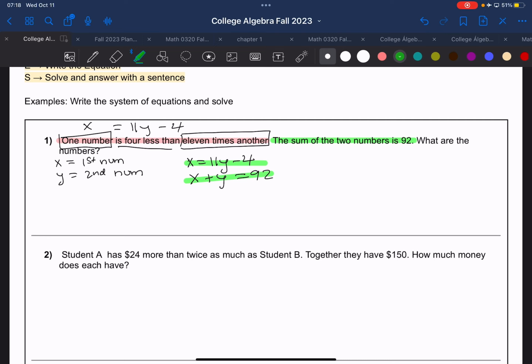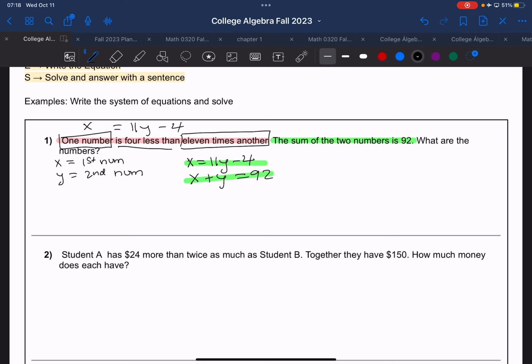What method do you think is easiest to use knowing that we have these two equations? Substitution. Why is substitution the easiest in this problem? We could replace, for the second equation, X with 11Y minus 4.